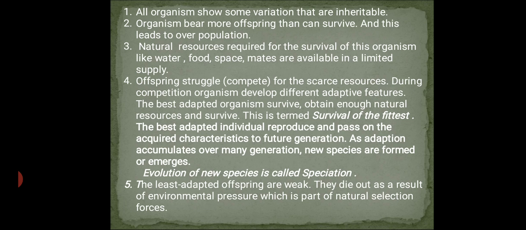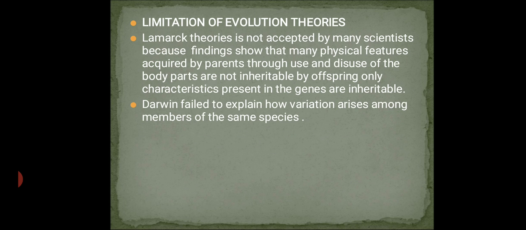That is the law of natural selection. That is the law propounded by what? Charles Darwin. Limitation of evolution theories. One of the reasons why the work of Jean Lamarck was not accepted by many scientists is because most of the physical features acquired by parents during their lifetime cannot be inherited by their young ones.